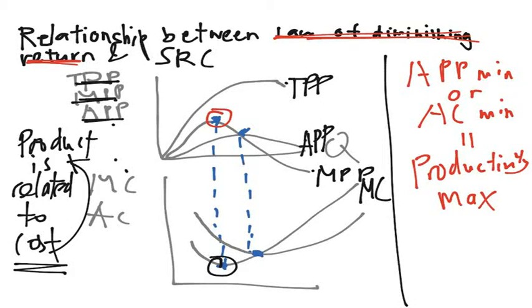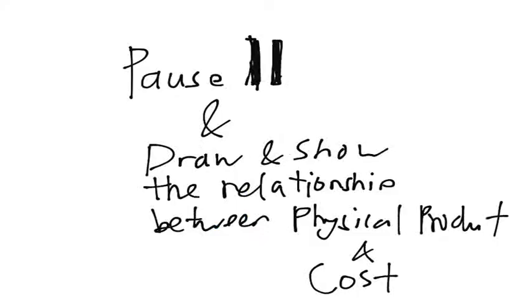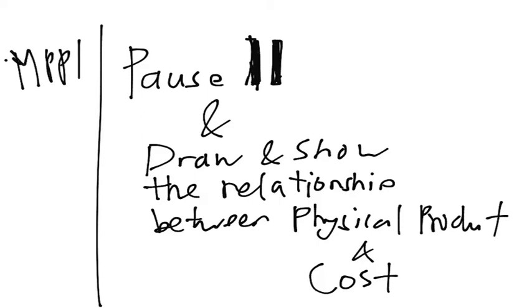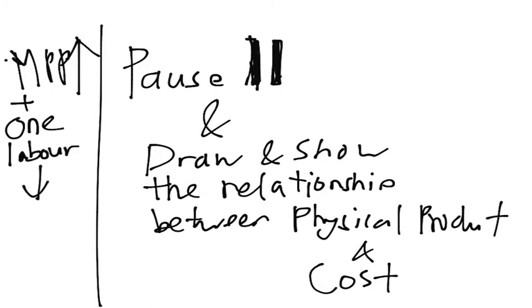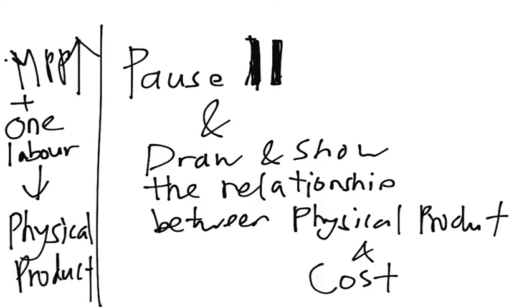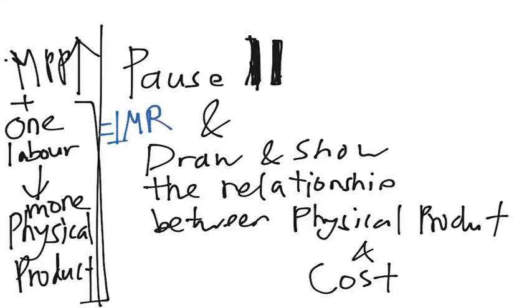The reason for this is because, I'll just use this part over here. If the marginal physical product is rising, what this means is the increase of one labor is giving more physical product than before. More physical product than before, right? We call this increasing marginal returns.